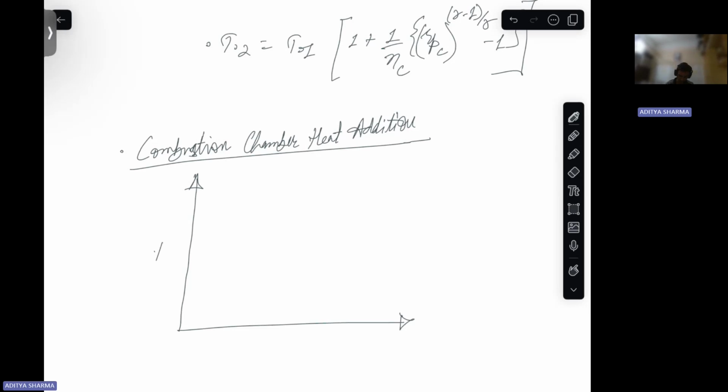If you have to show this with the help of a diagram, this is your compressor. So we have this 1, 2, this is 0, 3. This is the total pressure.